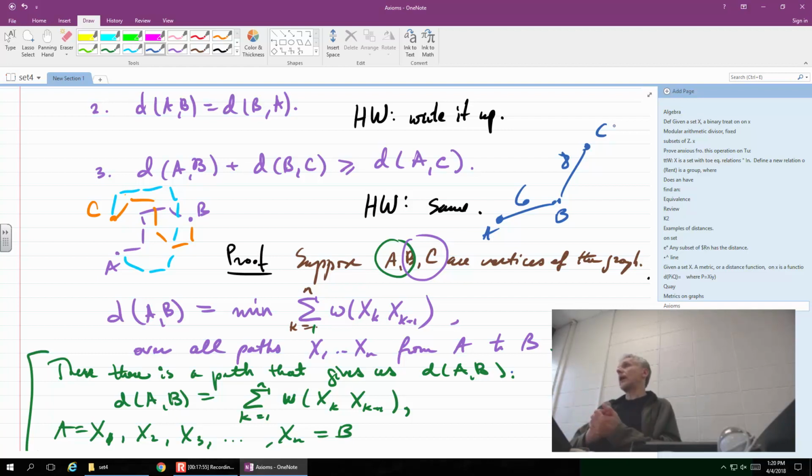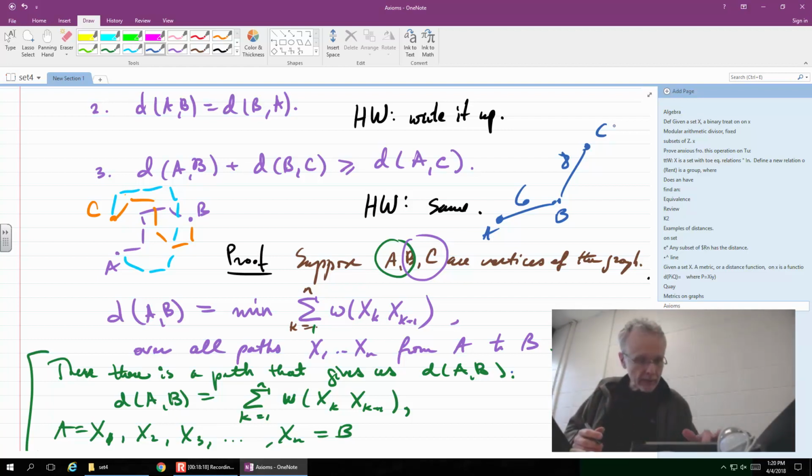That way they predict the similarity in background. If they know where a person came from and you are similar to that person, they will predict that your background is also similar. So that's one of the applications of metric spaces on graphs that you can think of.